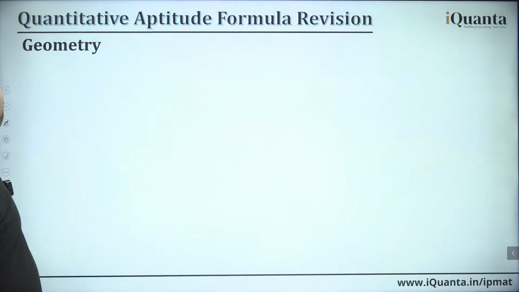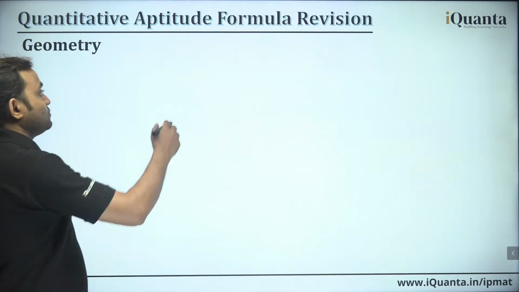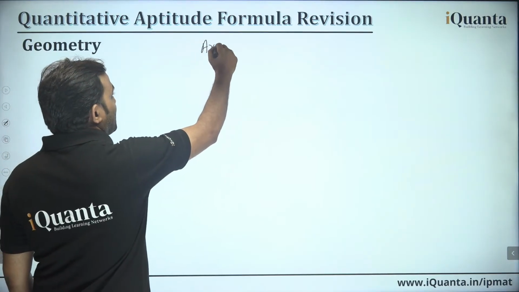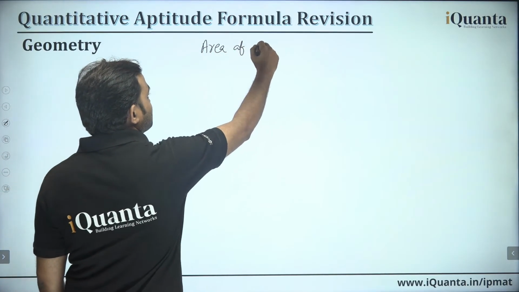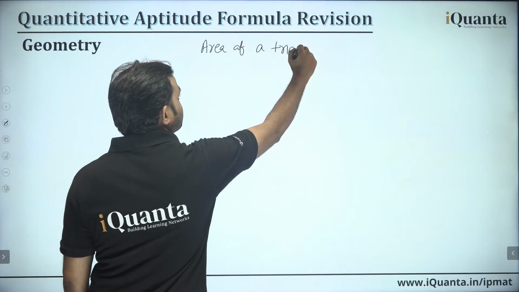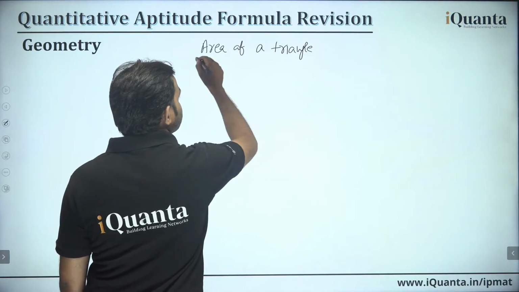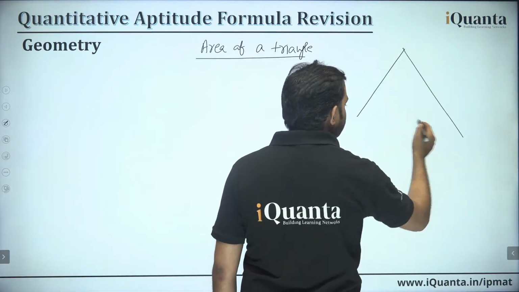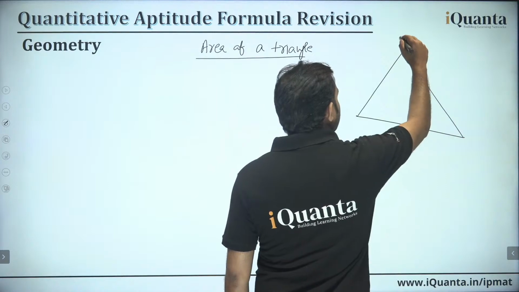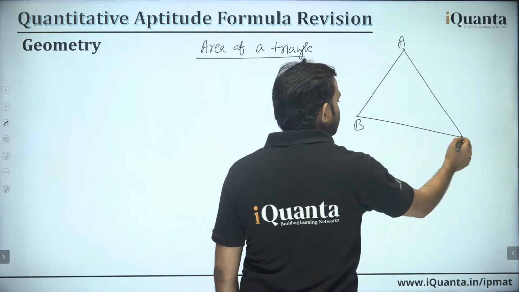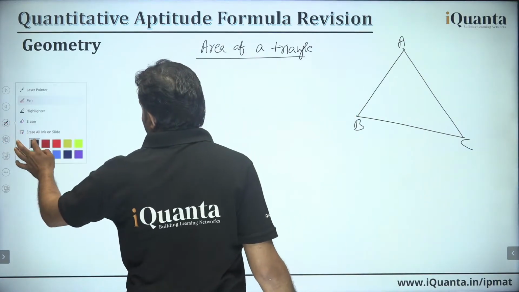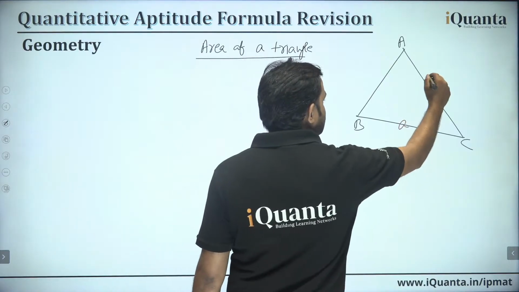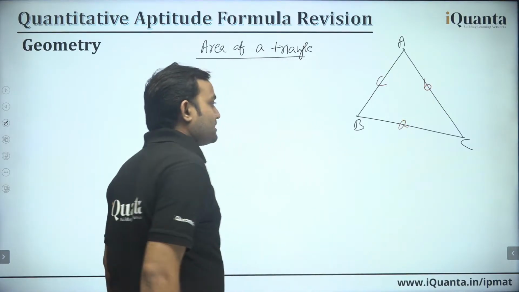All right then. Now, let's move on to area of a triangle. How do we find the area of a triangle? Now, in case of area of a triangle, ABC, where the side lengths are a, b and c, है ना?